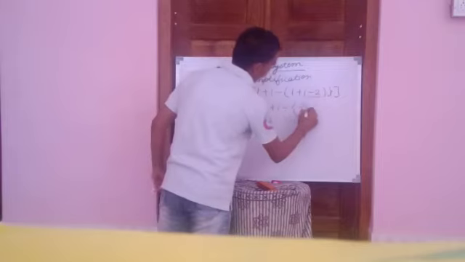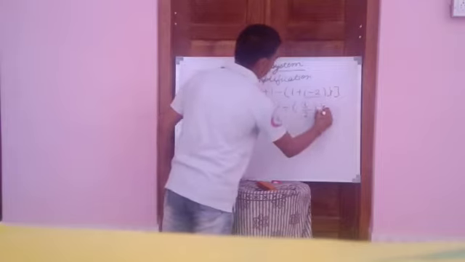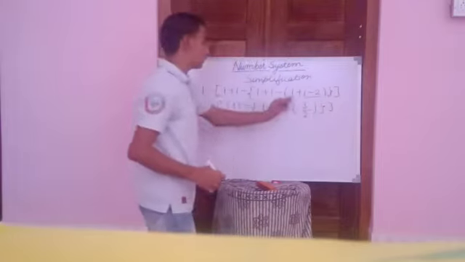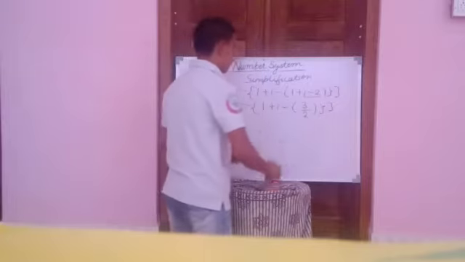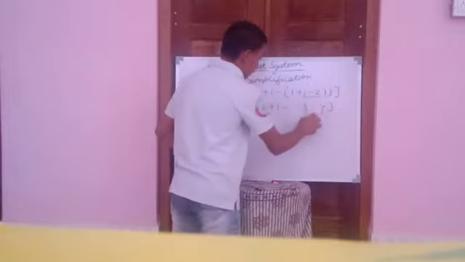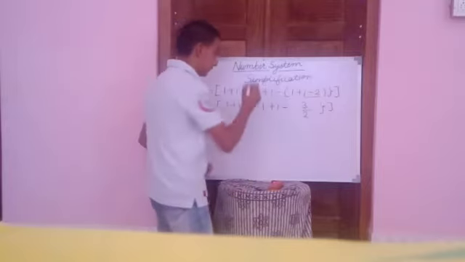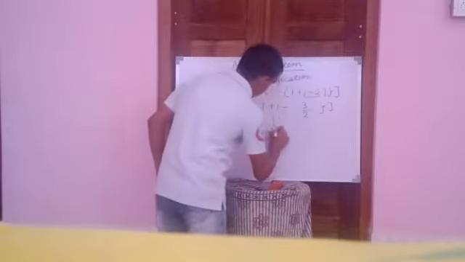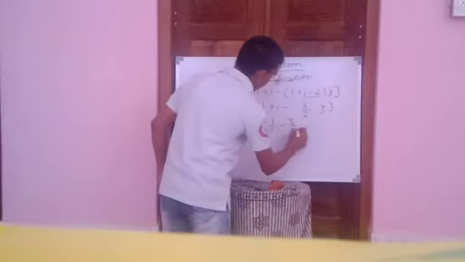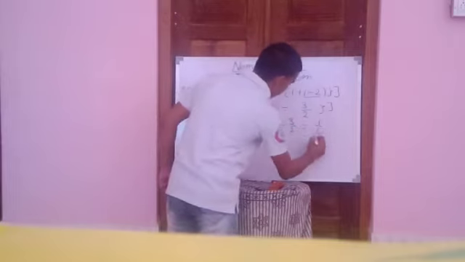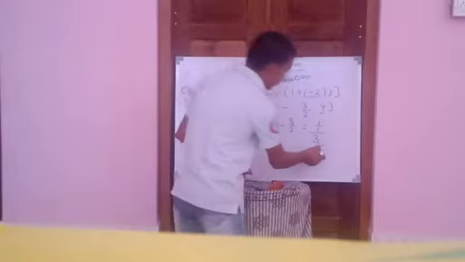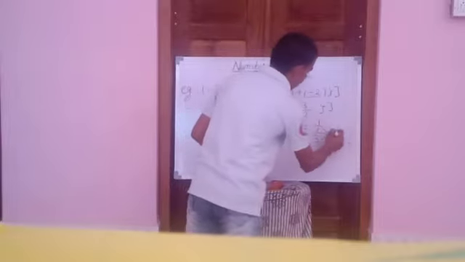As our answer of this was 3 by 2, we will remove this bracket and take it in the curly bracket. Let's solve the curly bracket first of all. This is 1 by 1 divided by 3 by 2. This means 1 by 1 times 2 by 3, so this would be 2 by 3.